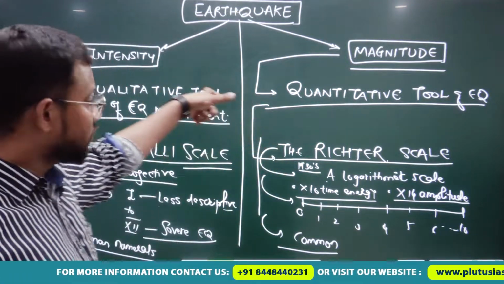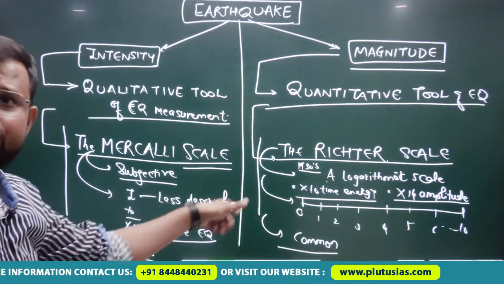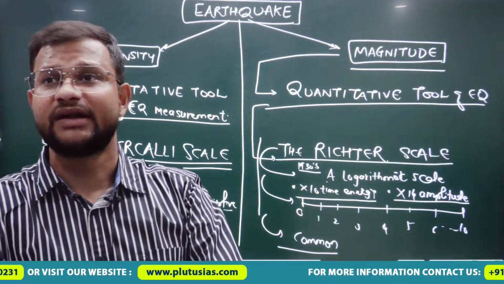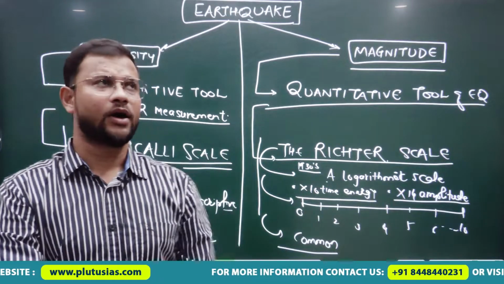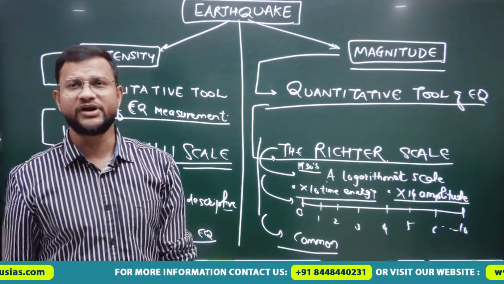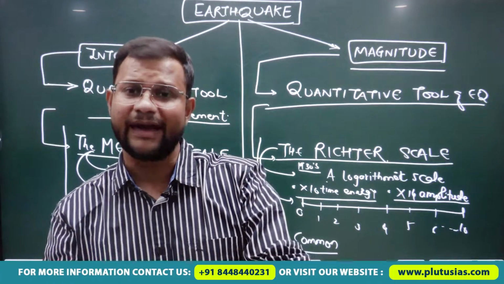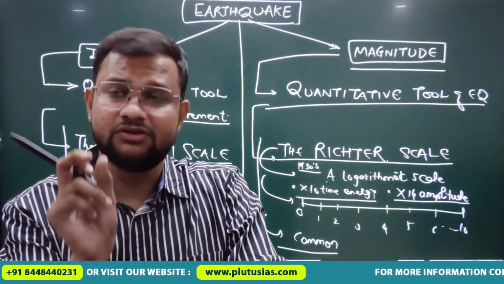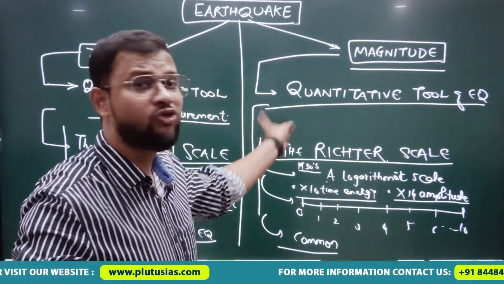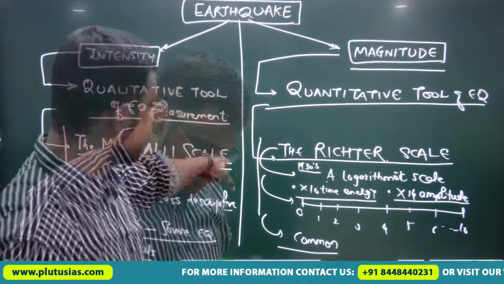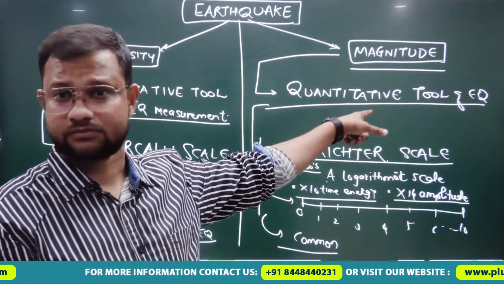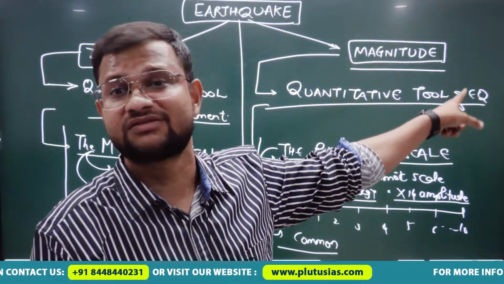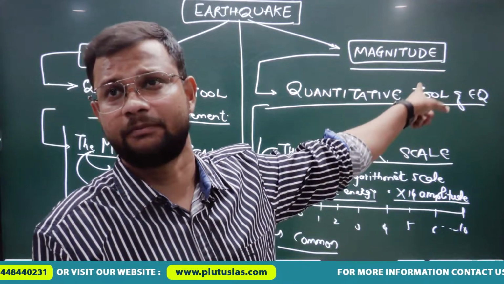Further, which scale is in use? Mainly we use the Richter scale, because it is quantitative. Though qualitative is equally important, quantitative helps you exactly understand the nature of the release, and by that you will find what corrective measures you are supposed to take. So the Richter scale is in current use, and this helps in disaster management preparation as well.